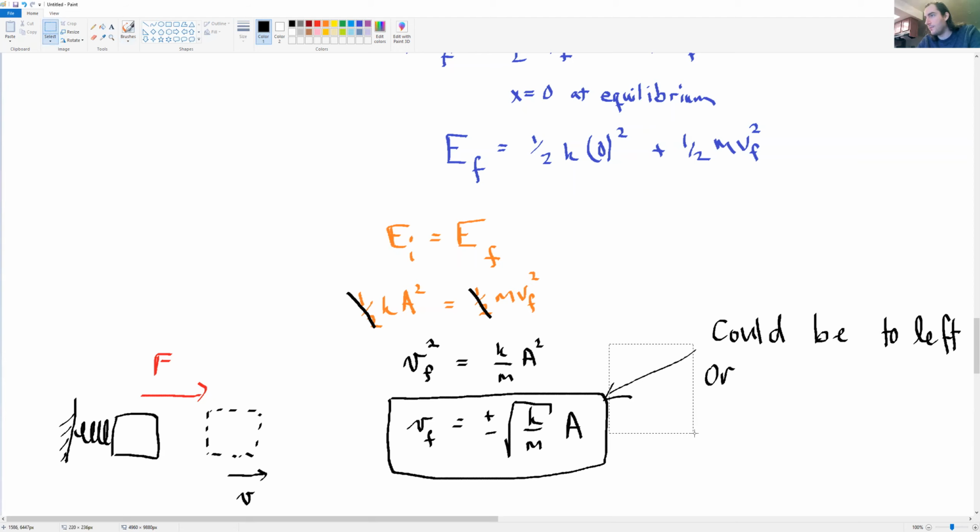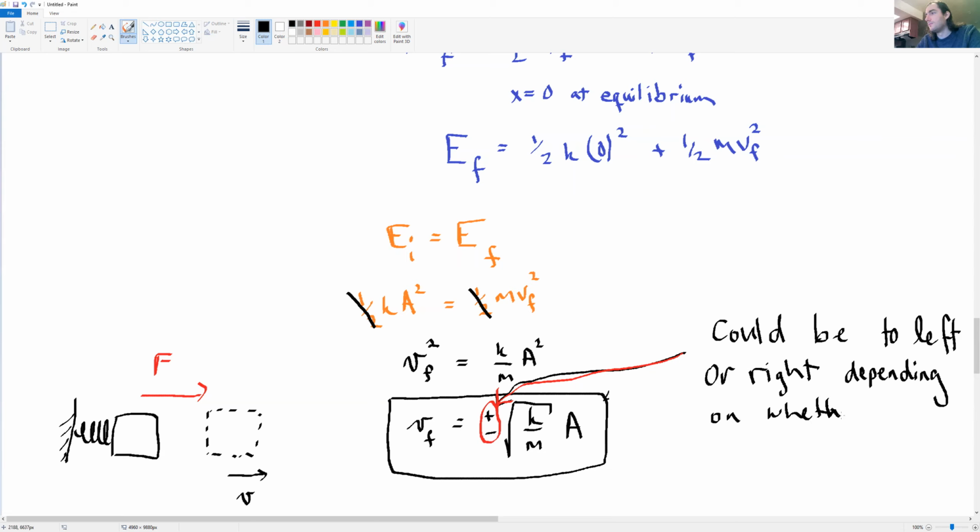Let's actually put the arrow in a better spot here. Okay, so it could be to the left or right, depending on whether we stretch or compress the spring.